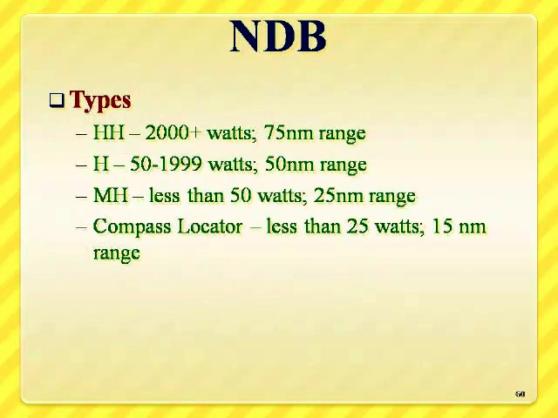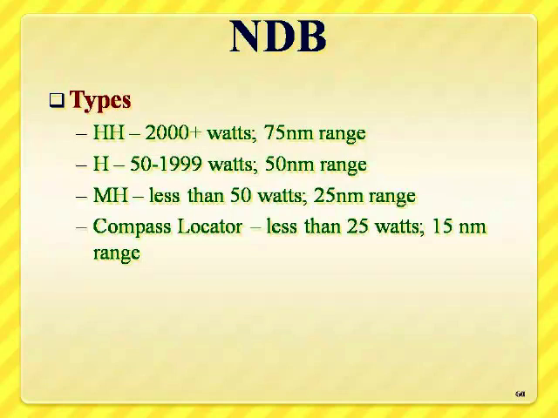There are three types basically: HH, that is a high power transmitter, hence high range it can send the signals. HH is more than 2000 watts of radiation, which can send the signals up to 75 nautical miles. The H is 50 to 2000 watts radiation and the coverage will be up to 50 nautical miles.